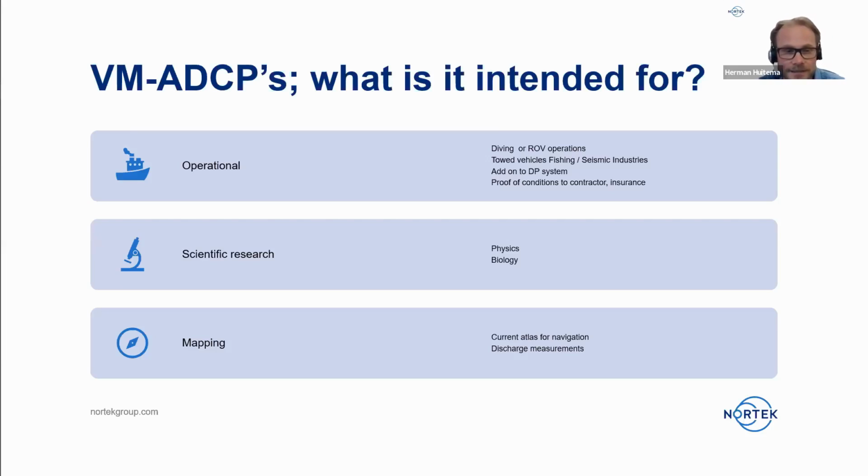And lastly, you can use it for mapping purposes, as vessel-mounted ADCPs can cover a wide area within a minimum amount of time. So you will have much more resolution with less or even no ADCP instrumentation on the bottom. You can think about tidal atlases for navigational purposes for harbors and harbor entrances.